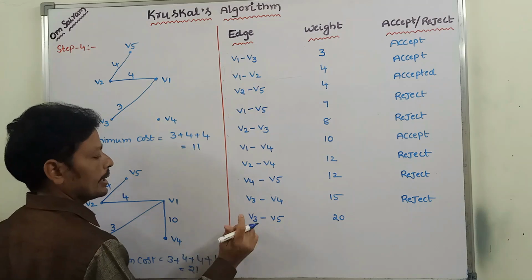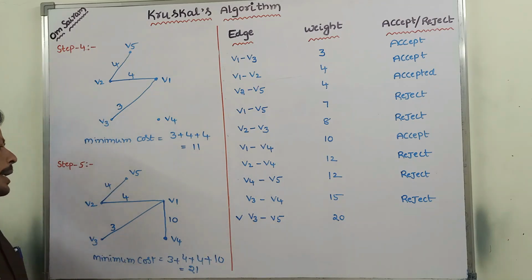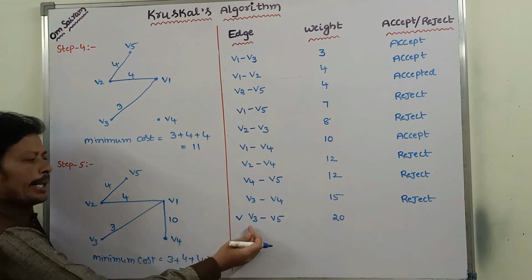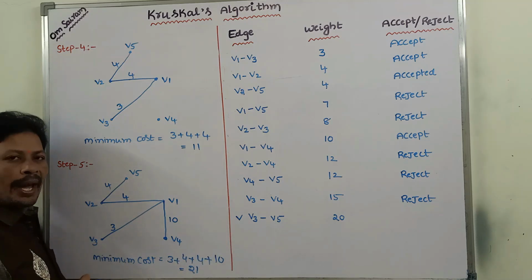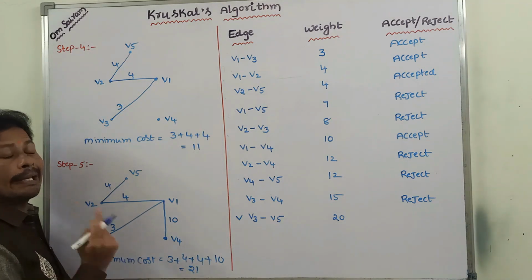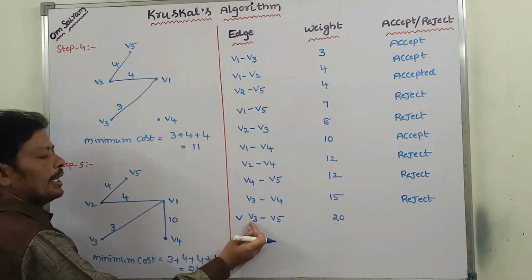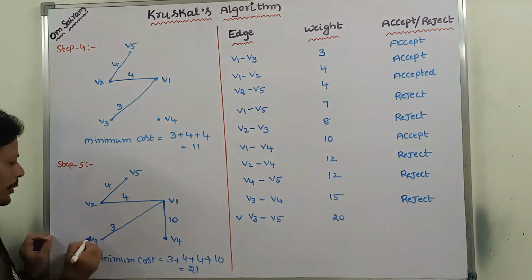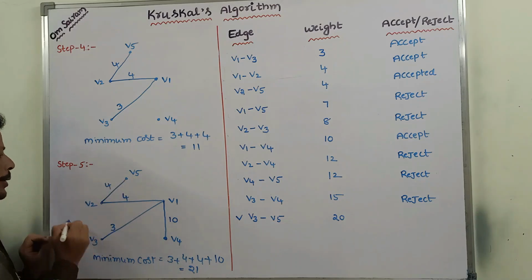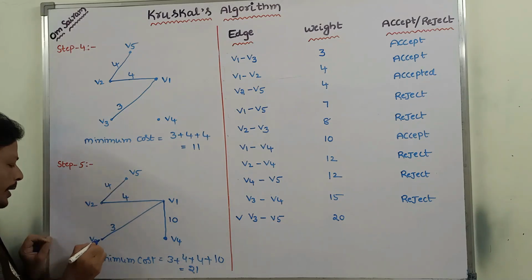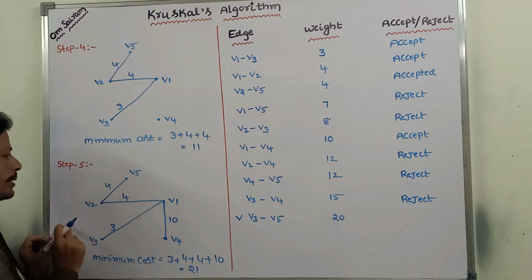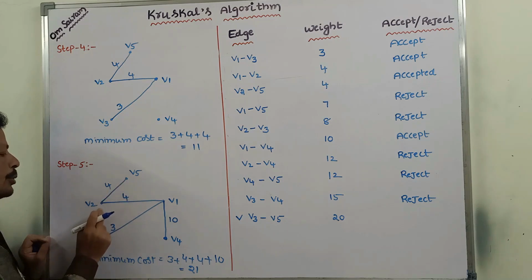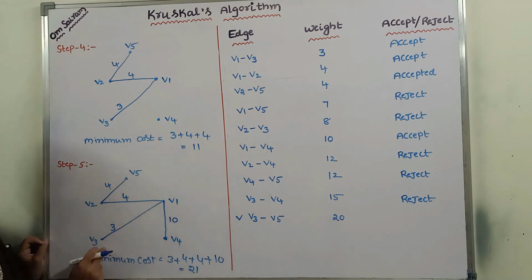Next, what is the next minimum weight edge? V3 to V5. Its weight is 20. After adding this edge into the existing spanning tree, it forms a cycle as V3 to V5, V5 to V2, V2 to V1, V1 to V3.